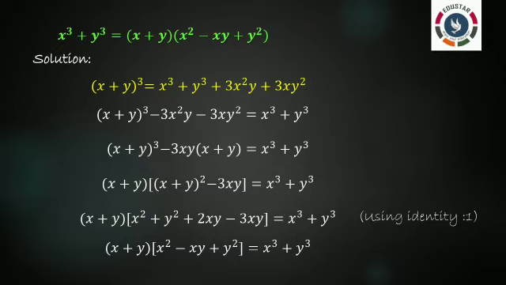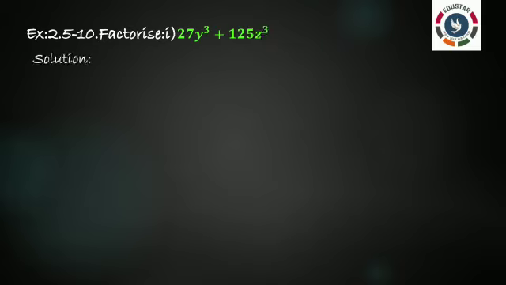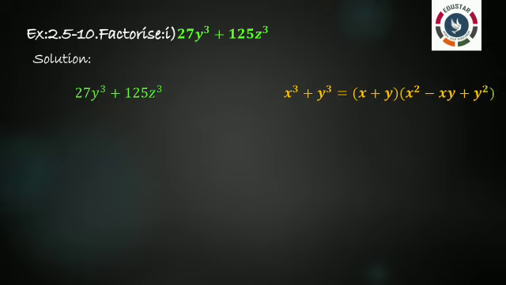Exercise 2.5, 10th sum. Factorize 27y cube plus 125z cube. Which identity do we have to use here? The x cube plus y cube identity. So x cube plus y cube is (x plus y) into (x square minus xy plus y square). Here the first term 27y cube can be written as (3y) the whole cube, and the second term 125z cube can be written as (5z) the whole cube.